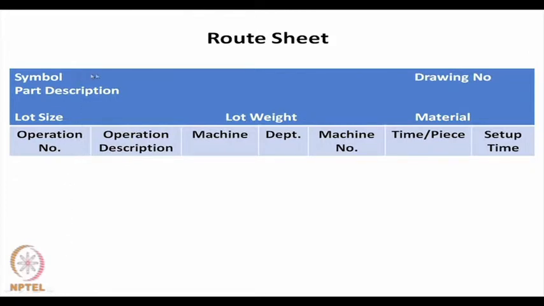So, the drawing, the symbol of the product, the drawing number, description of the part, how many to produce is lot size, weight, material to be used, then different operations that are required to produce a product, the description of the operation, the machine in which this operation will be done, the department in which the machine is installed, if there is a number, machine number, what is the setup time for a particular lot, and how long it will take to produce one piece.